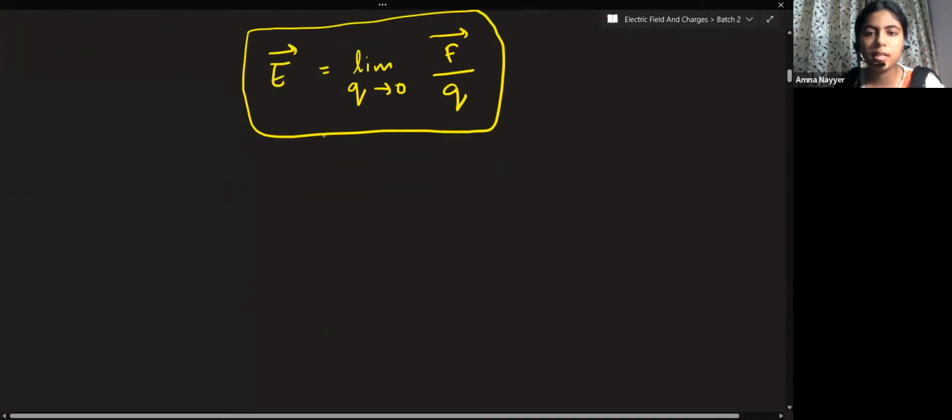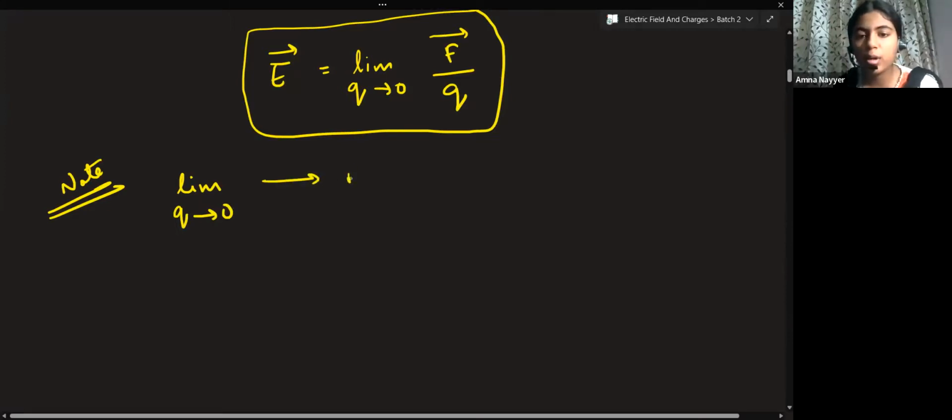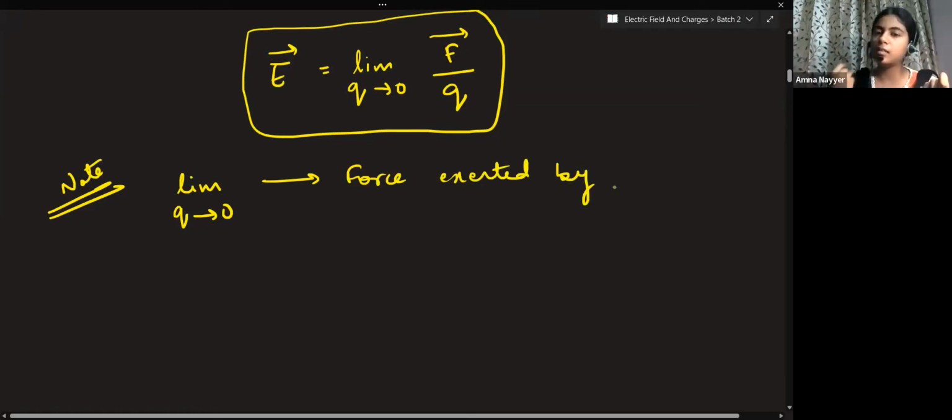This part, this limit, just make a note and you can write it: limit q tends to 0. This shows whatever is the force exerted by small q. See, two charges are present, plus capital Q and small plus q.